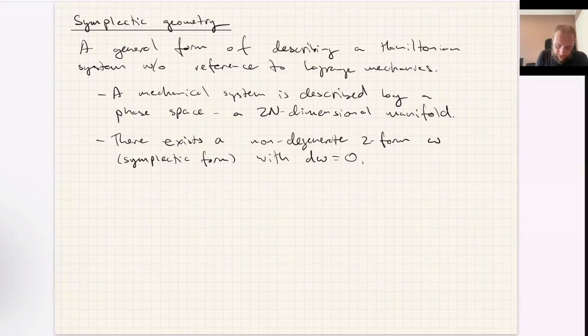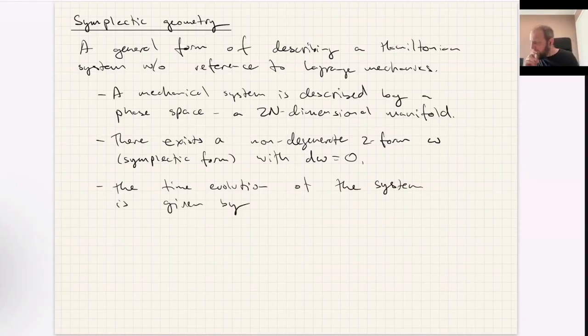And the time evolution of the system is given by the flow. So essentially this is omega applied to gamma dot is equal to dH for some Hamiltonian function, right?